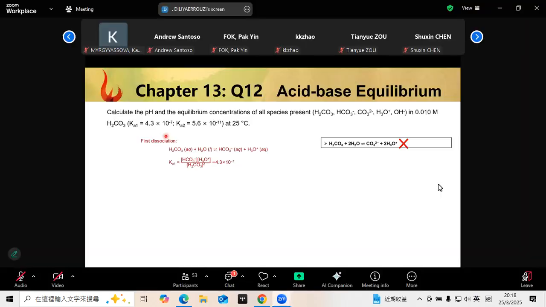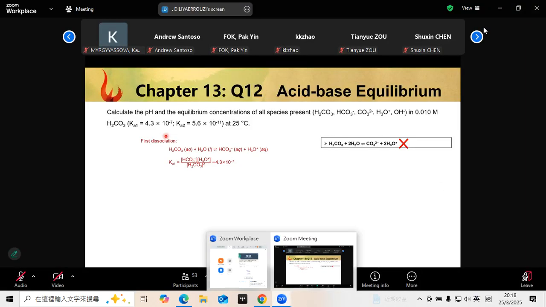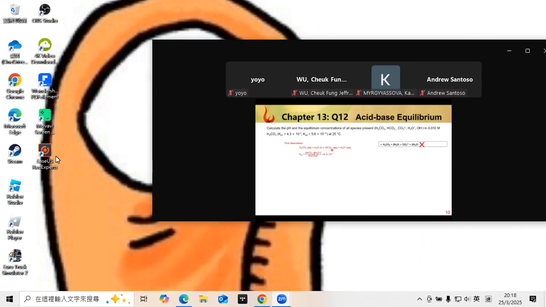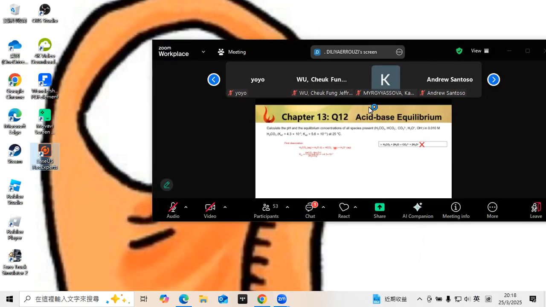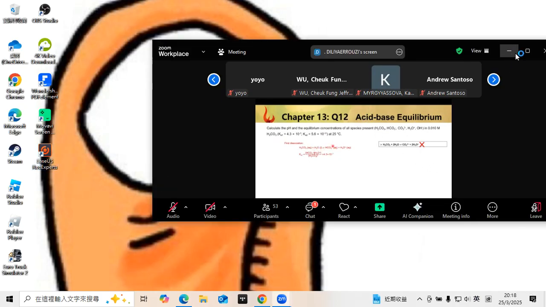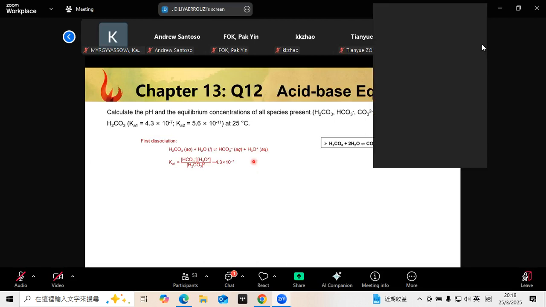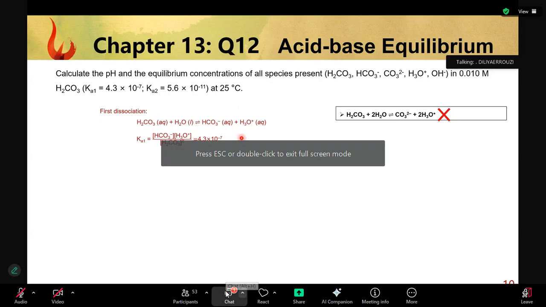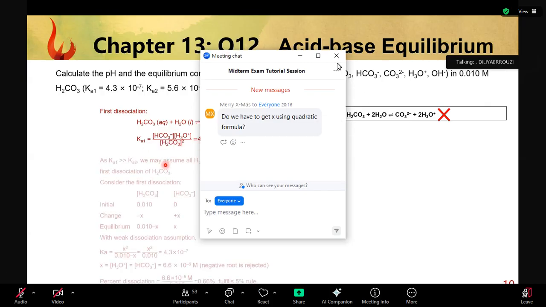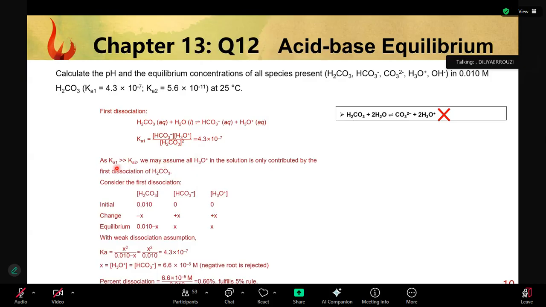We need to consider the first dissociation: H2CO3 plus water equals HCO3 minus plus hydronium, the protonated water, and the K of which is a constant.